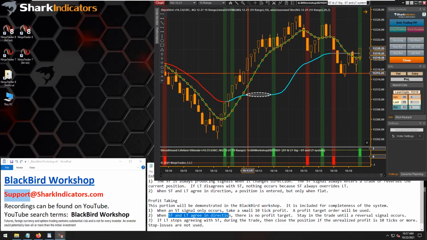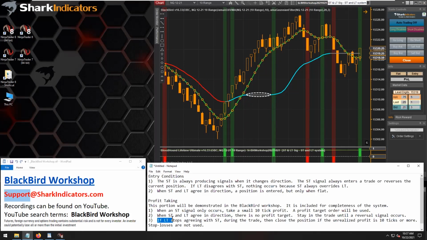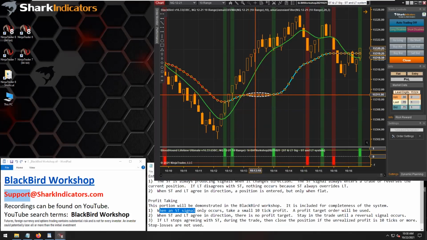So that would be rule number 2. If the long-term stops agreeing with the short-term during the trade, and this is great, we've got a perfect example right in front of us here, then close the position if the unrealized profit is 10 ticks or more. Basically, you default back to the short-term signal only, because the long-term indicator is no longer in an uptrend, but the short-term is still in an uptrend.